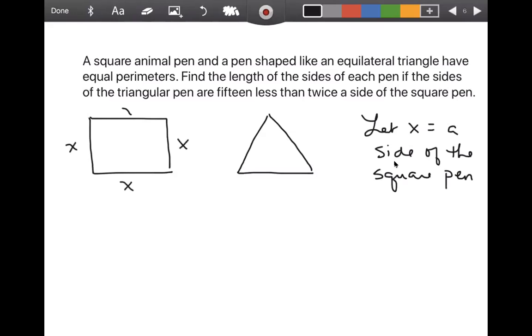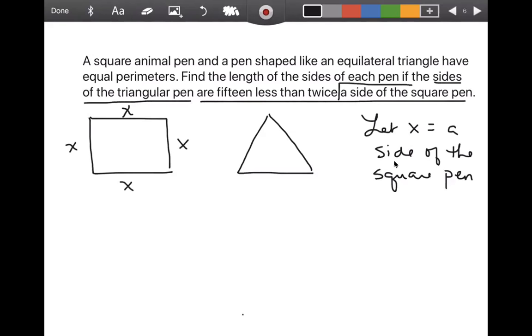Well, we did an example like this in the last section. They are describing the length of the side of the triangular pen in terms of a side of the square pen. They're saying a side of the triangular pen is 15 less than twice a side of the square pen.